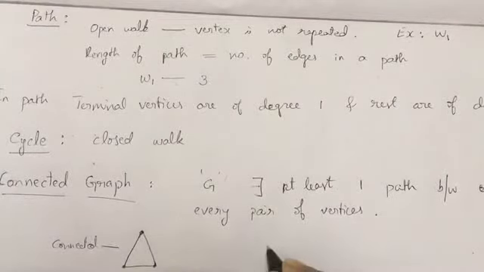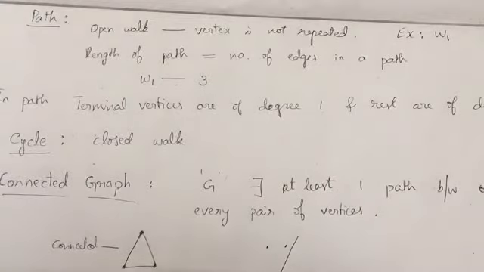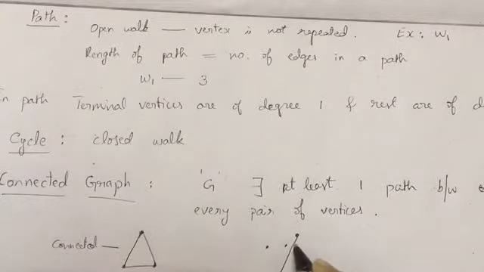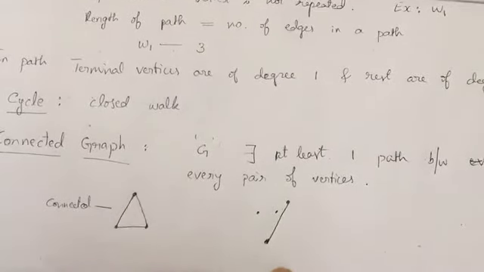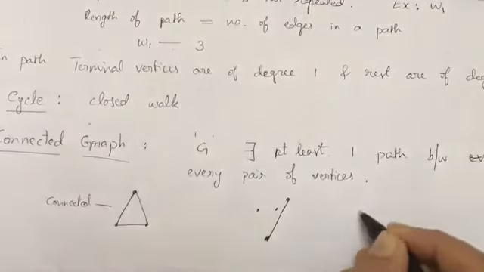If I draw this graph, these are the vertices and this is an edge, then this is a disconnected graph. One more if I consider.